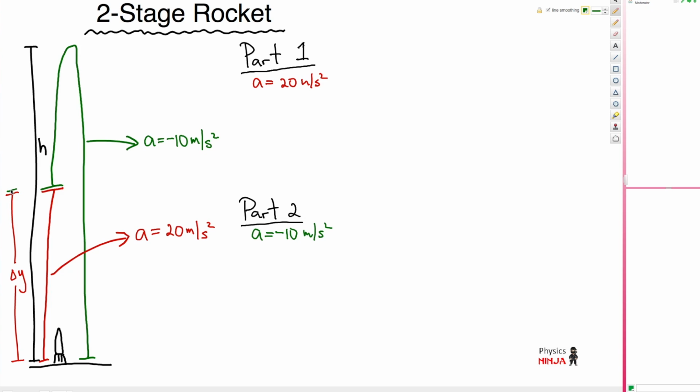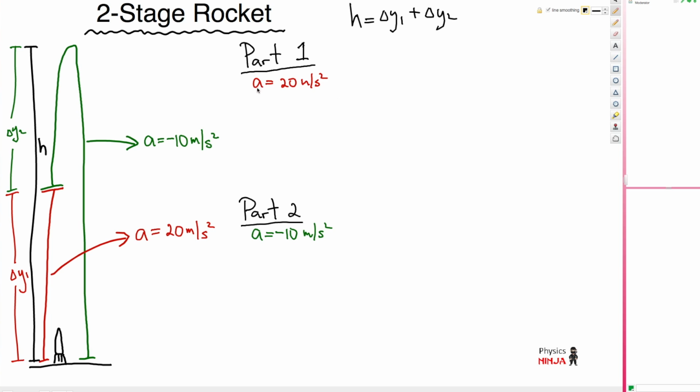Let's give it a subscript 2 here, just to differentiate it from the first one, and let's call this number 1. So the total height will simply be delta y1 plus delta y2. Okay. So let me write that. The total height, what we're trying to find, will be the displacement for the first part plus the displacement for the second part.